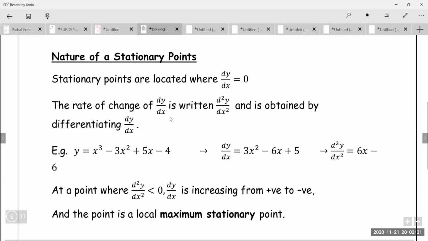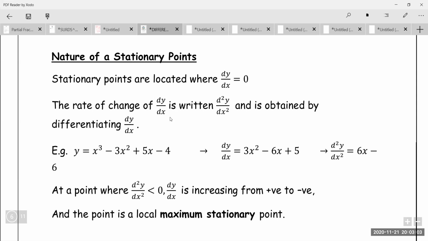Now, the next thing we're going to talk about is what's known as stationary points. So what is a stationary point? What does the word stationary mean? Not moving. So when you're not moving, what happens to the gradient? The gradient is 0.